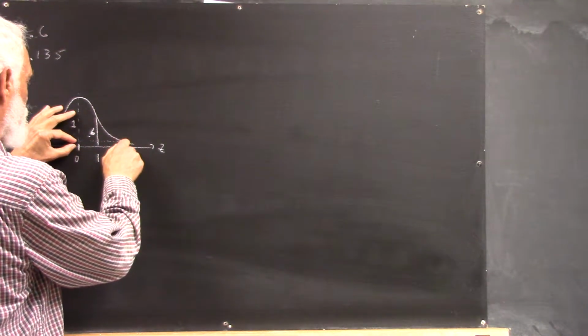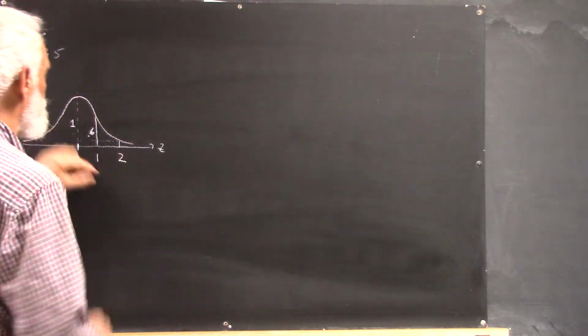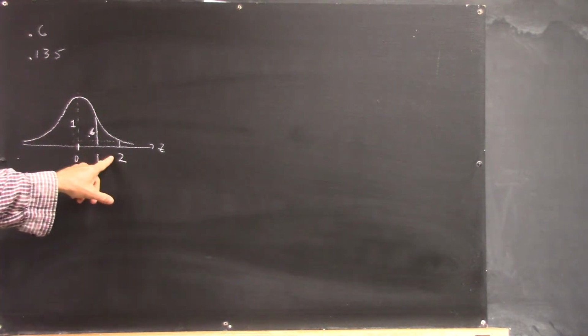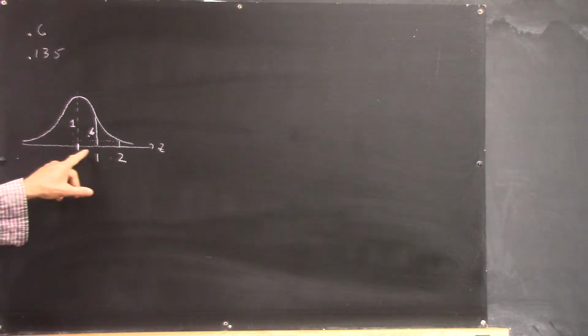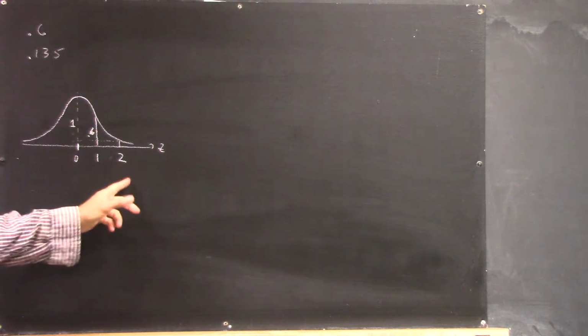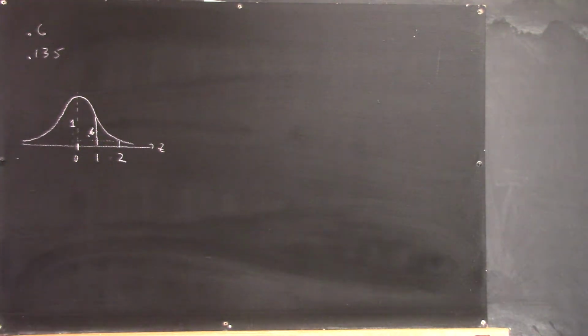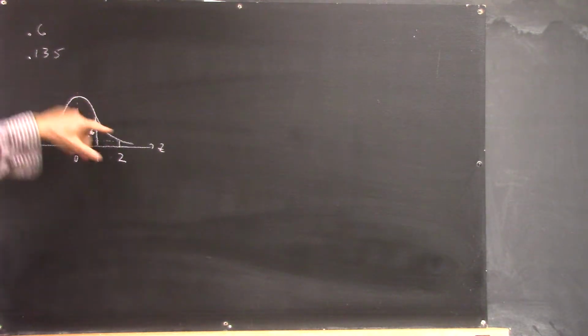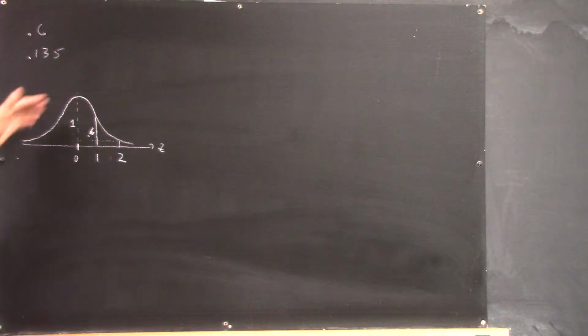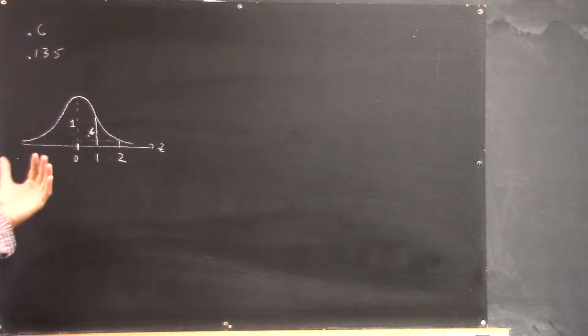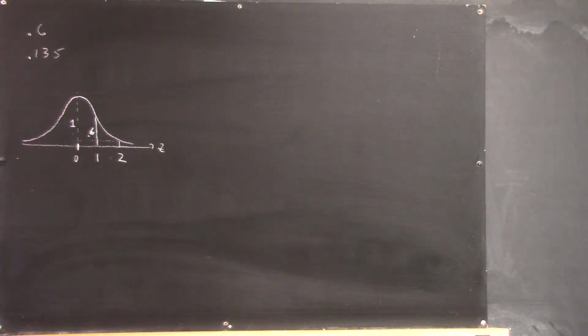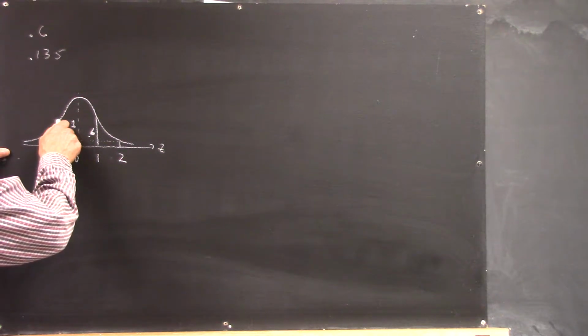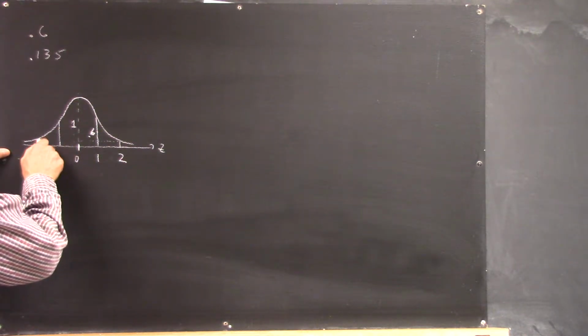Boy, I made a pretty good curve, because that's what should occur when z equals 2, and I just lucked out because it looks like the spacing of the 1 and the 2 is nice and even, right? I've drawn a lot of normal curves, and usually it's a little lopsided, so if I'd done it on this side, it wouldn't have come out quite as equal. But we'll just fudge that and say, okay, here's -1, here's -2.